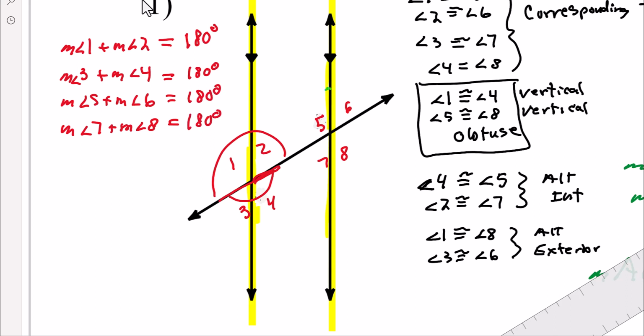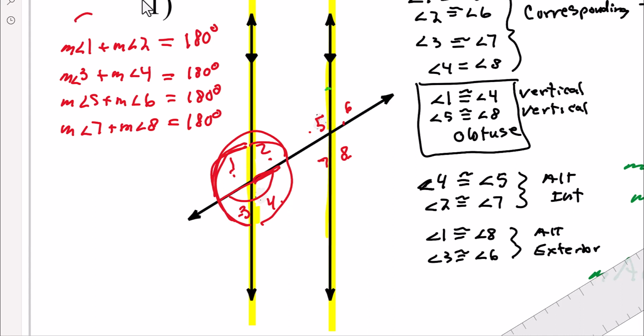And so we did the straight lines left to right: 1, 2, 3, 4, 5, 6, 7, 8. What if we go up and down? Now we say, oh, 1 and 3 sit on the same line. 2 and 4 sit on the same line. 5 and 7, 6 and 8. So you do the same thing.